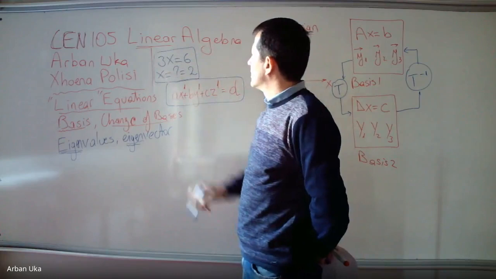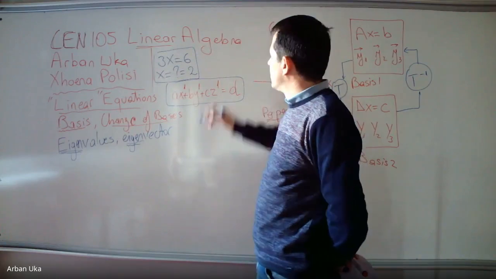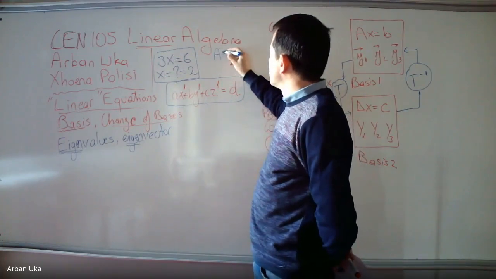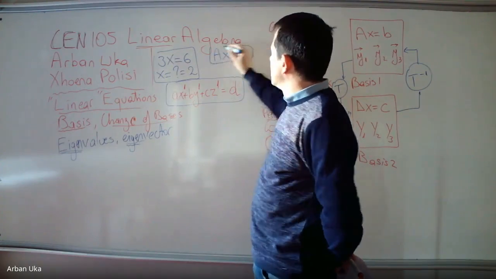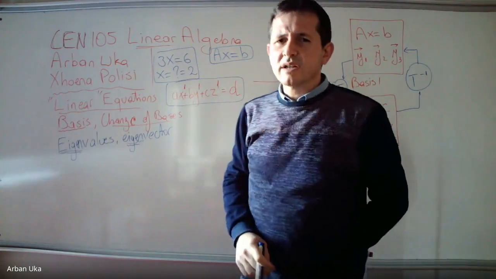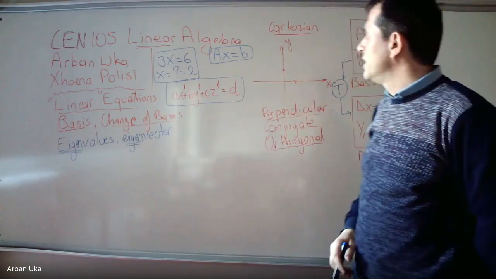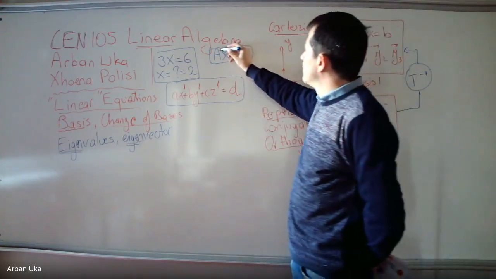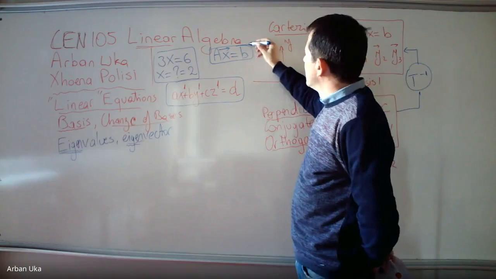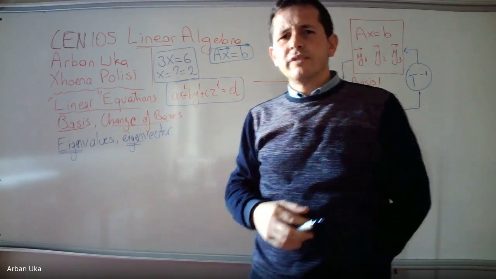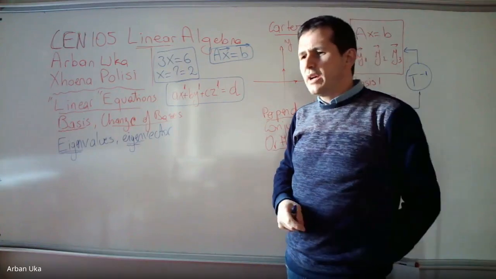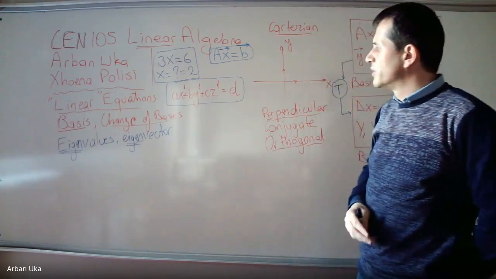So this is linear algebra, and it also solves this problem: Ax = b, where A is a matrix, x is a vector, and b is also a vector. With this mathematical construct, you can solve any type of problem. So every problem is solvable using these.